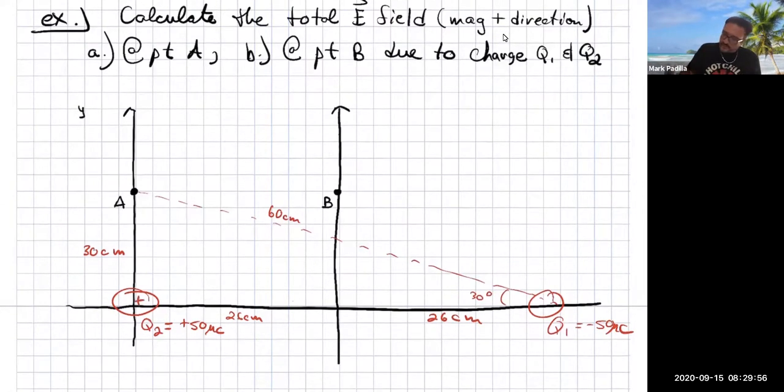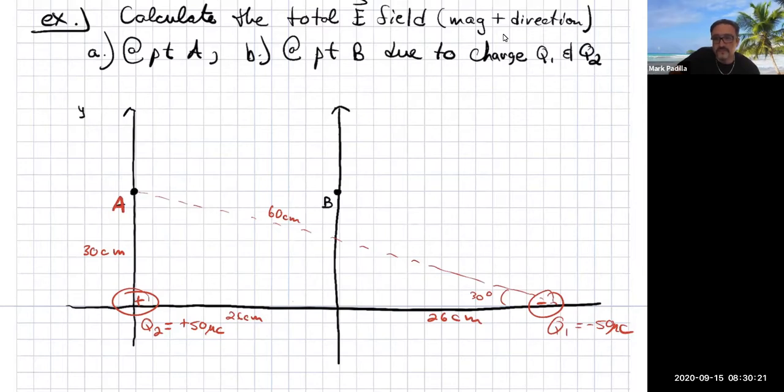That's a positive charge. That's a negative charge. So now we're going two-dimensional with the electric field. Very, very similar to the force problem. So what is the total electric field at point A due to Q1 and Q2?